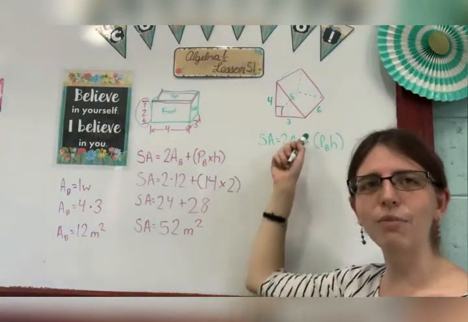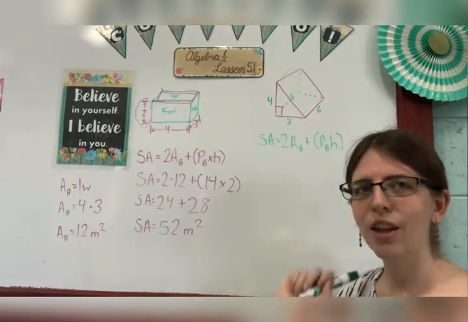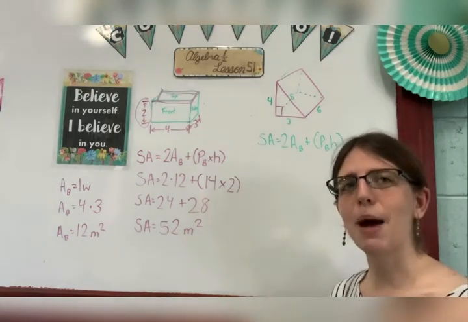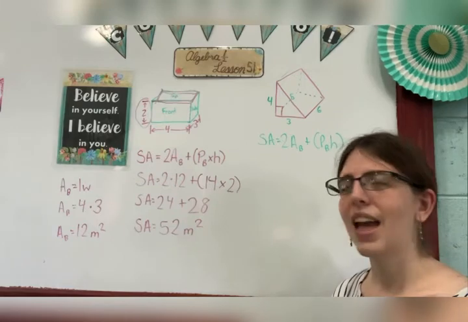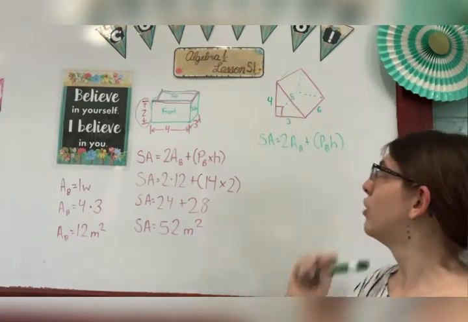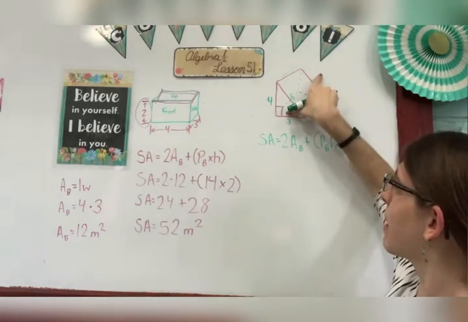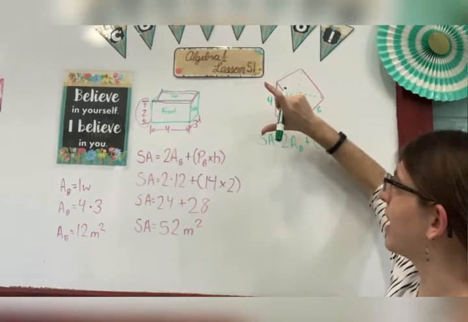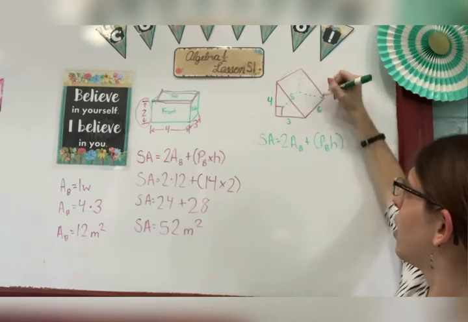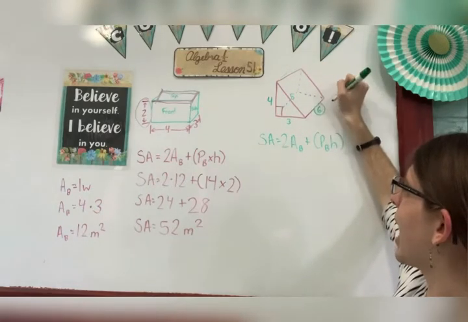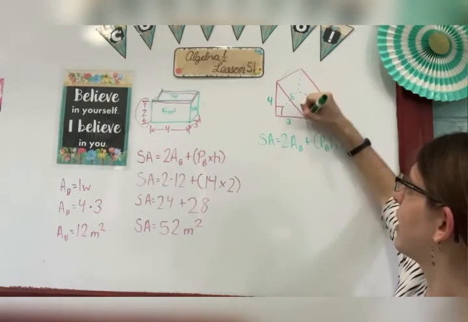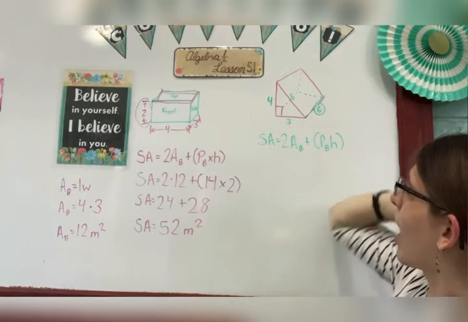So that rectangle there is not my base. Where do I have the same shape on the top and the bottom? Here with the triangle. So the triangle is going to be my base. So I have to imagine that I take my prism and I put it up like this. So this is my base, which makes this my height. The line connecting the two bases is your height.